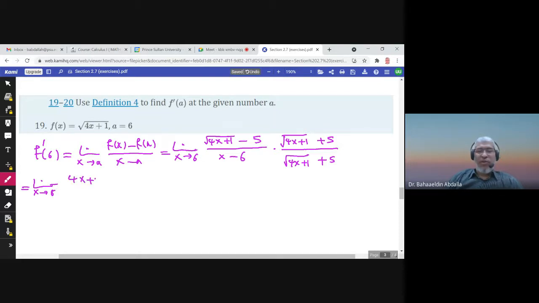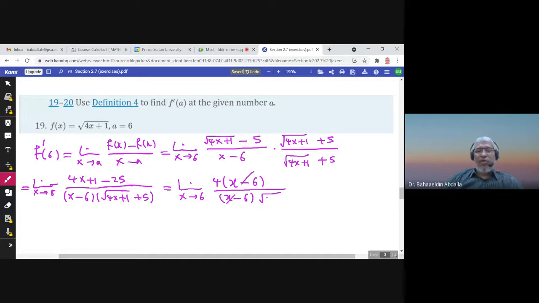I have 4x plus 1 minus 25, 5 squared, over x minus 6 times the square root of 4x plus 1 plus 5. So I have here 4x minus 24. And if I take 4 as a common factor, minus 24 divided by 4 is minus 6. So these two would be cancelled.